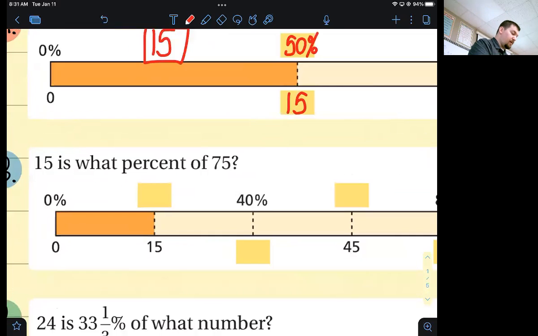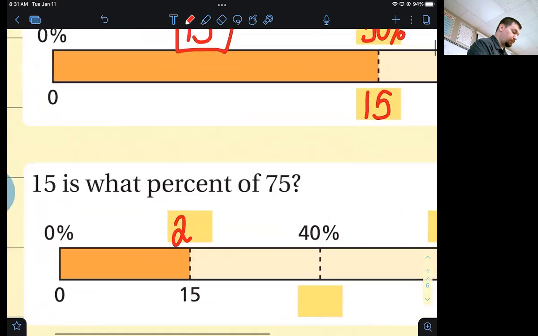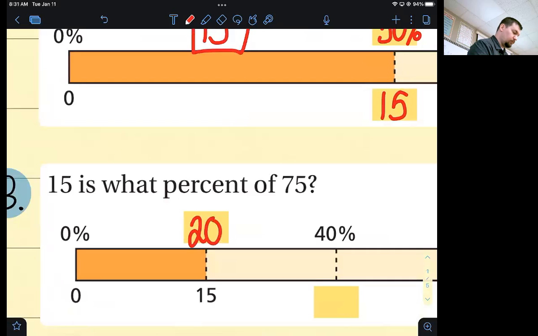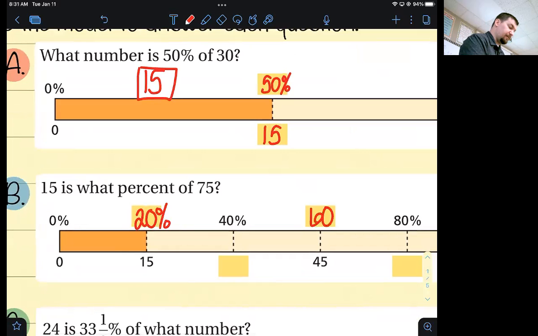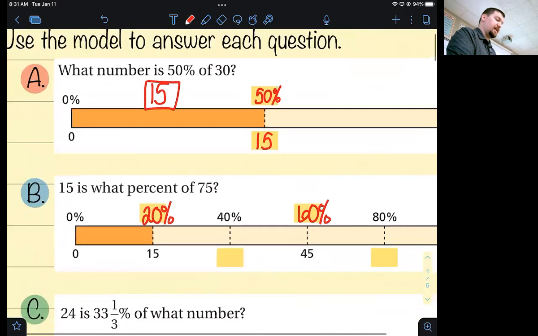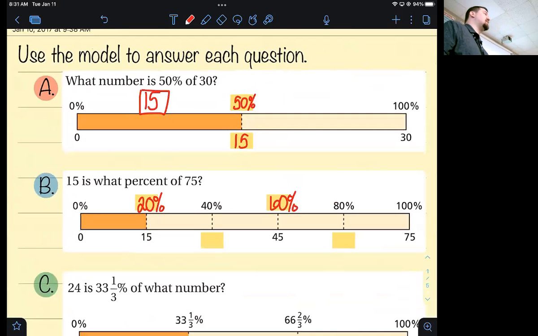That's right. 20%, 40%, 60%, 80%, and then 100%. The reason they split it into 20% increments is because 15 is 1/5 of 75. So they split it into fifths. So the bottom row is counting by 15s.